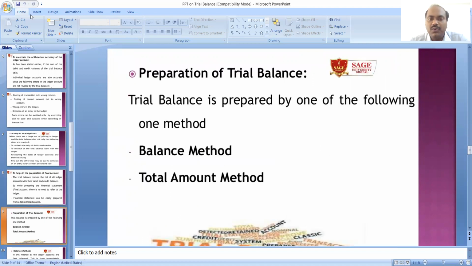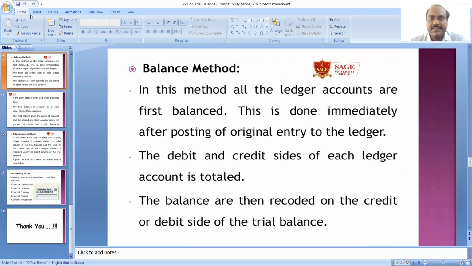And how do we prepare a trial balance? The trial balance is prepared by one of the following methods, either the balance method or the total amount method. The first one, the balance method: in this method, all the ledger accounts are first balanced. This is done immediately after posting of original entries to the ledger, and the debit and credit sides of each ledger account are totaled, and the balances are then recorded on the debit or credit side of the trial balance.